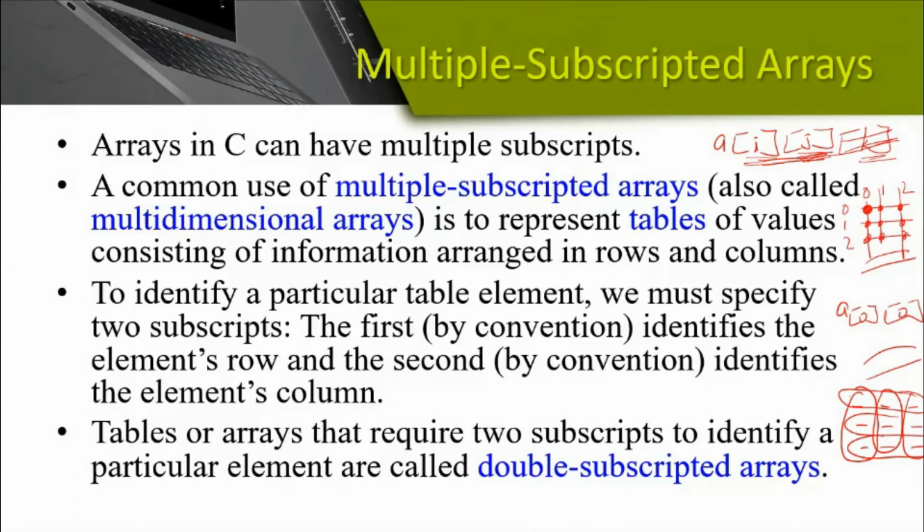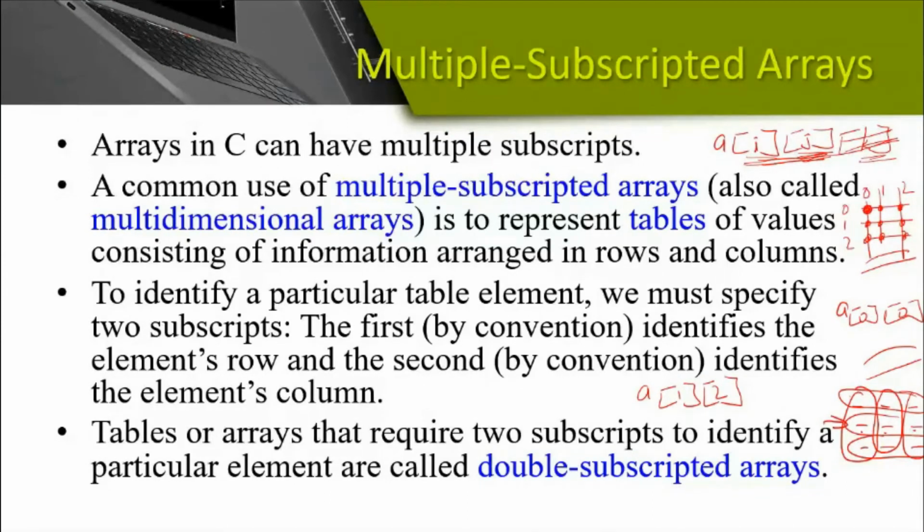So when a value like A[1][2] is to be accessed, it should first go to the row with the index number 1. Then it should move on to column number 2. This is column number 0, this will be 1, and this will be 2.